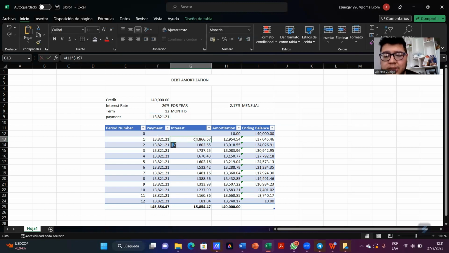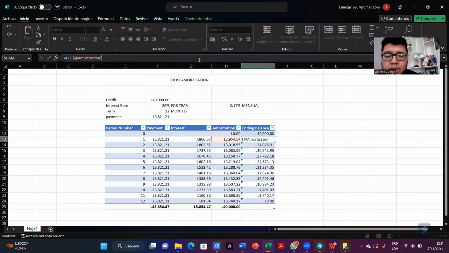In the balance, in the ending balance, in the first row, we will put the credit that they lend you. In the second row, it will be the previous balance minus the amortization of the first month.